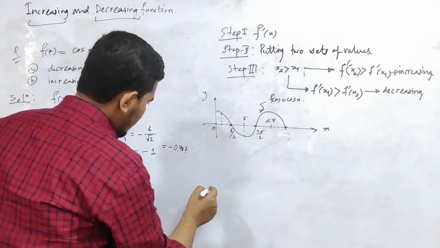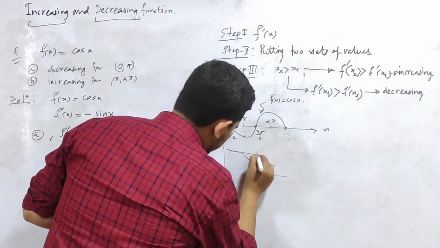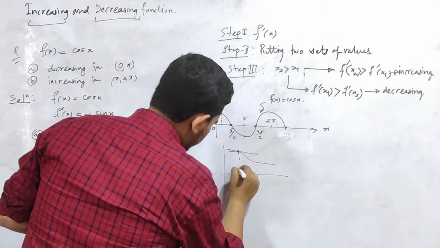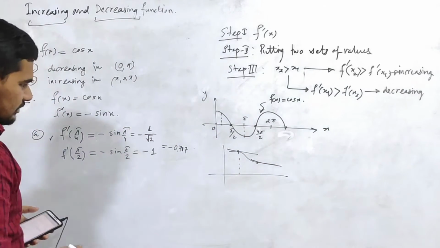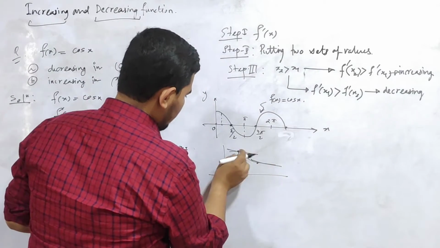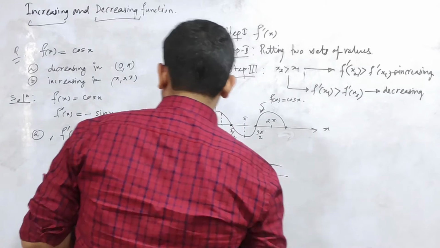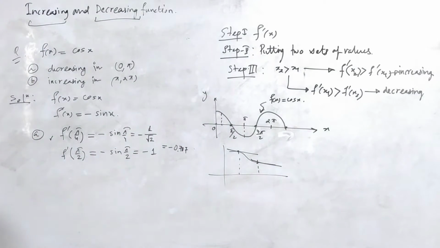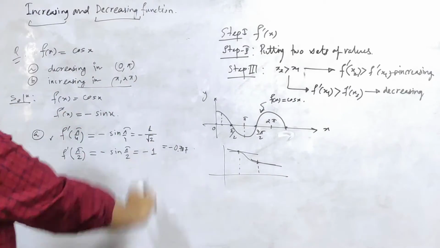The decreasing slope can be like this. If I am having a curve like that, when I move from this point to this point, if you try to draw a slope at this point and at this point also, we can always get the decreasing nature of this curve. Similarly, we can check whether it is increasing in pi to twice pi.